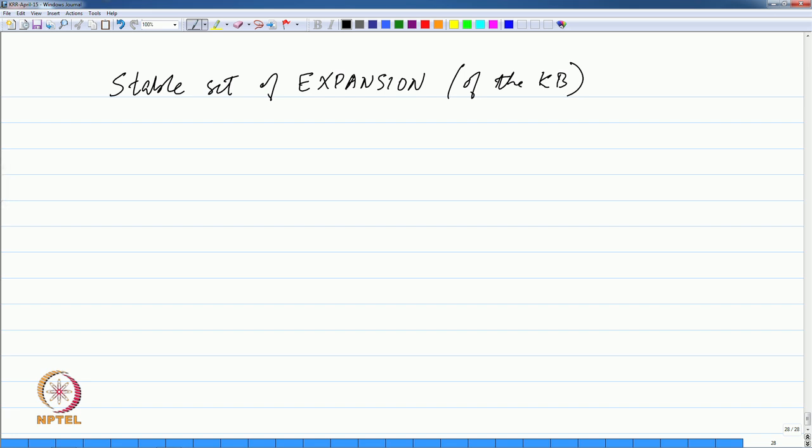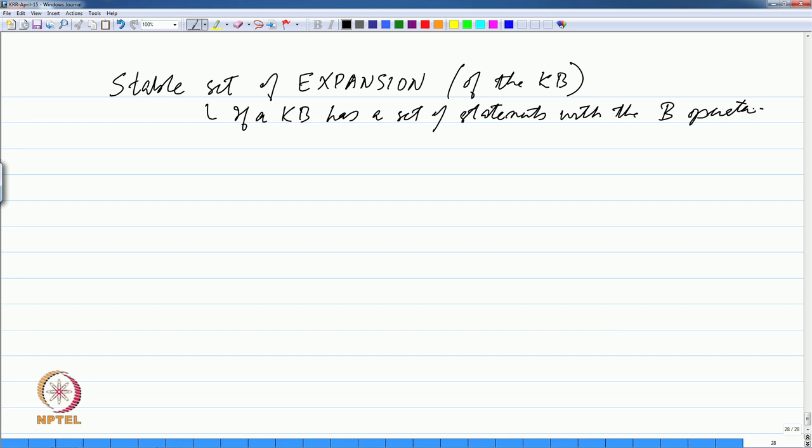So, if a KB has a set of statements with the B operator, we are interested in a reasonable set of beliefs.